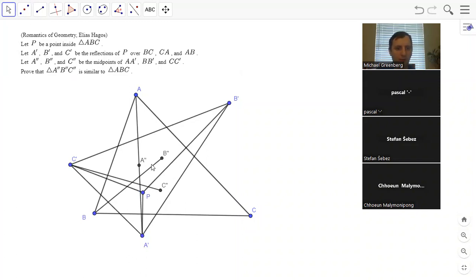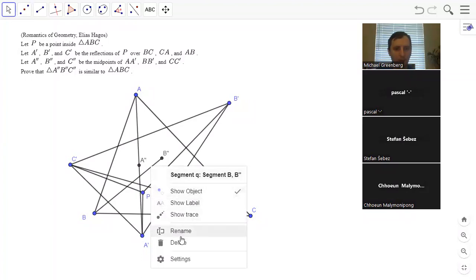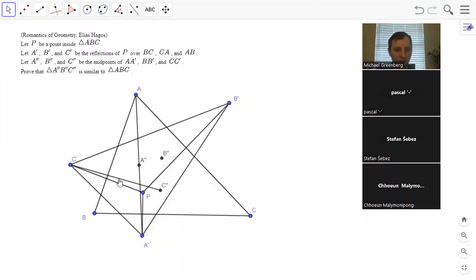Oh, I only drew this halfway. Let me draw these all the way. So B prime, C prime. And this triangle does not necessarily have its sides parallel to the original, but it's similar.